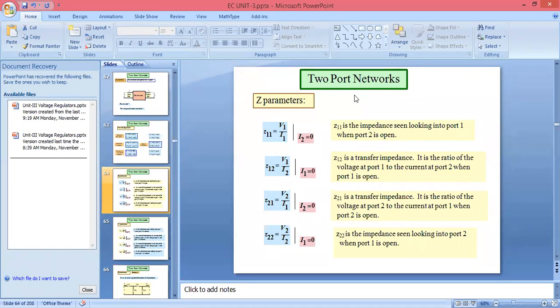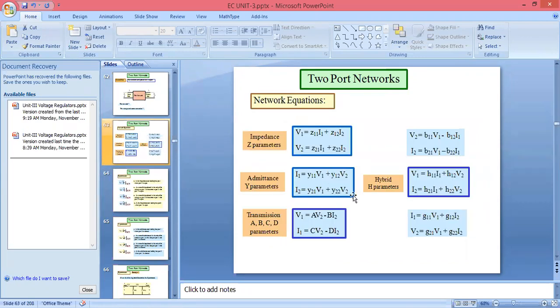So you will get the equations V1 equal to I1 Z11 plus Z12 I2. So the value of voltages will be dependent on the value of current. If in these equations you consider I2 as 0 ampere, you will get the equation for Z11. If you consider I1 equal to 0 ampere, you will get the value of Z12.